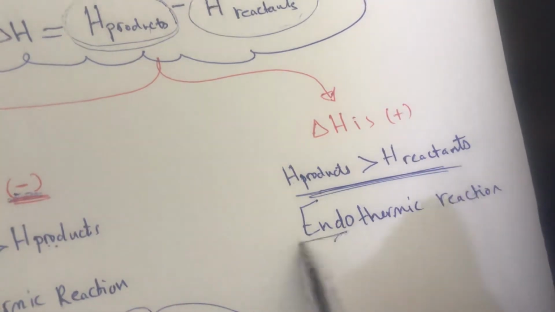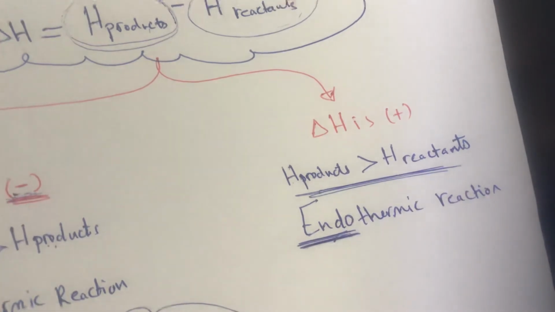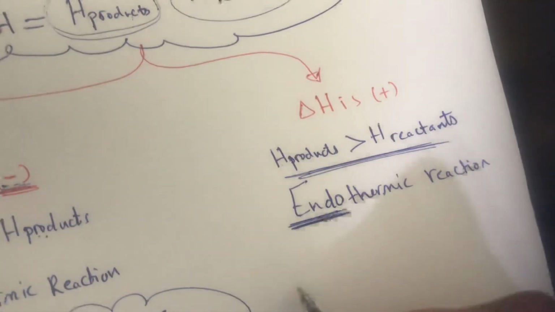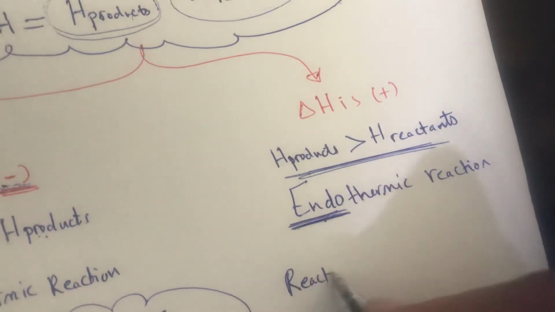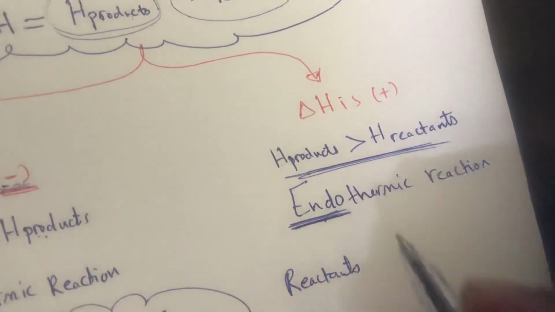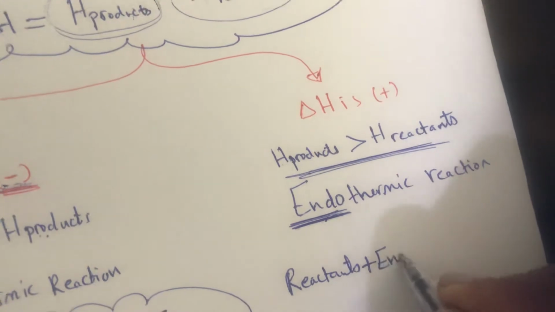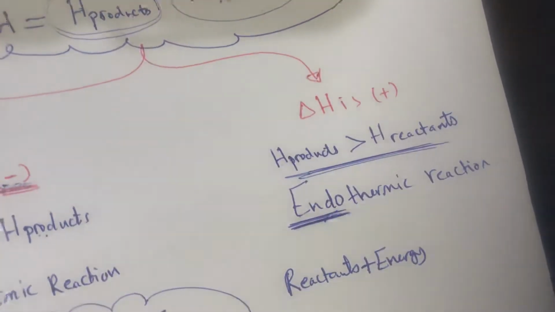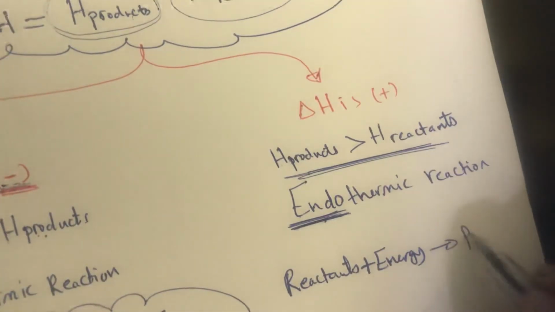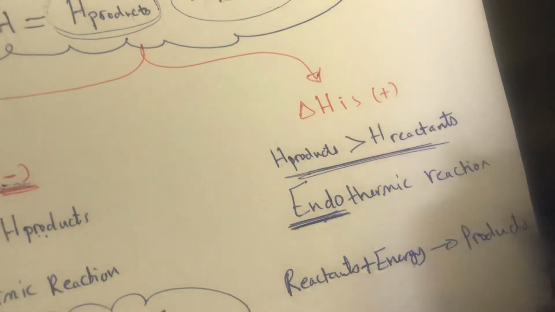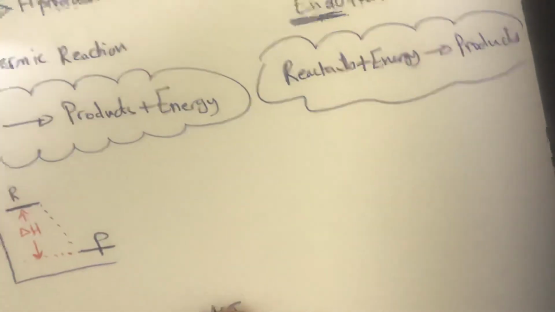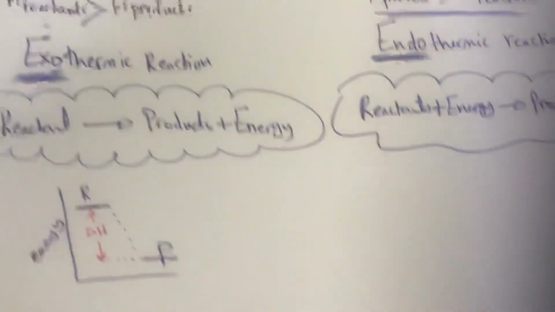So this reaction needs energy, or absorbs energy. The general formula: reactants plus energy, because this type of reaction needs energy to occur, give product.